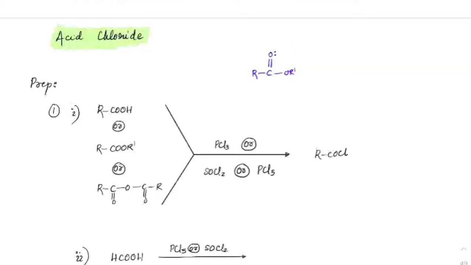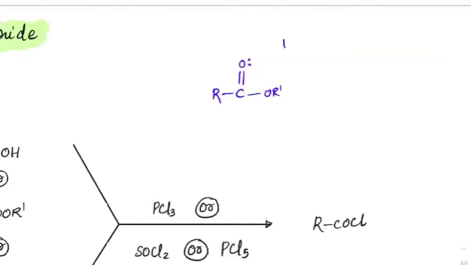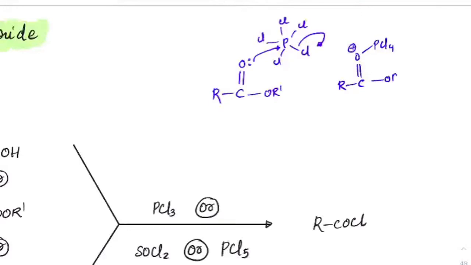We write completely PCl5 this way, lone pair attacking here, Cl minus will leave. So we'll have R, C double bond O, PCl4 plus and OR dash, Cl minus.